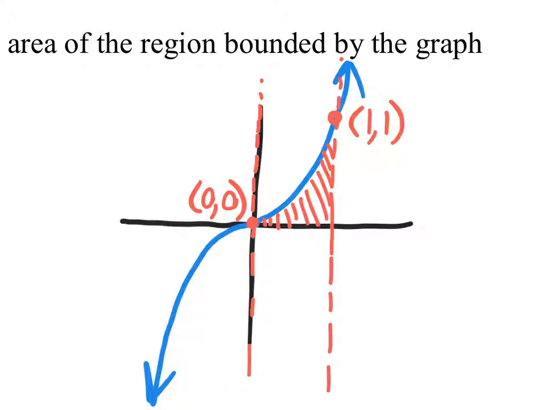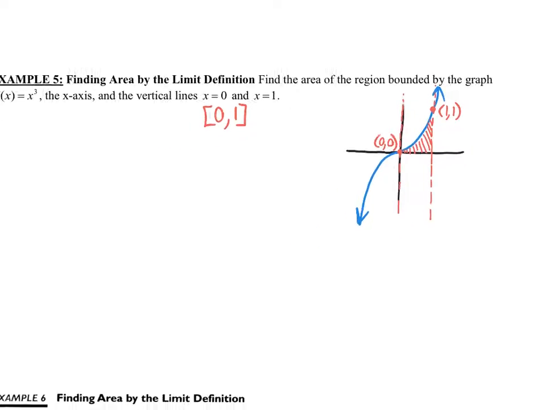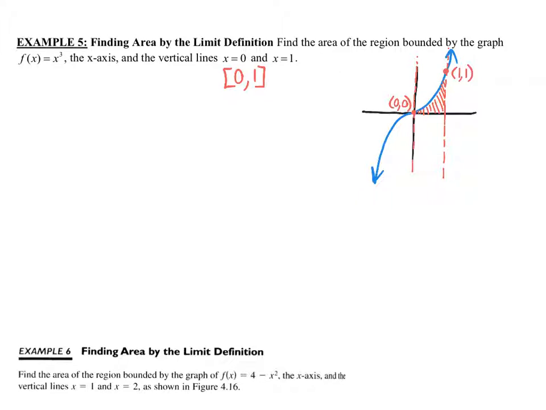So the area is going to be a little less than a half. Don't forget about your geometry. You can use that to approximate a range of potential answers. That way you can catch yourself if you do something wrong, and if you got like 3 as your area, you know you did something wrong.